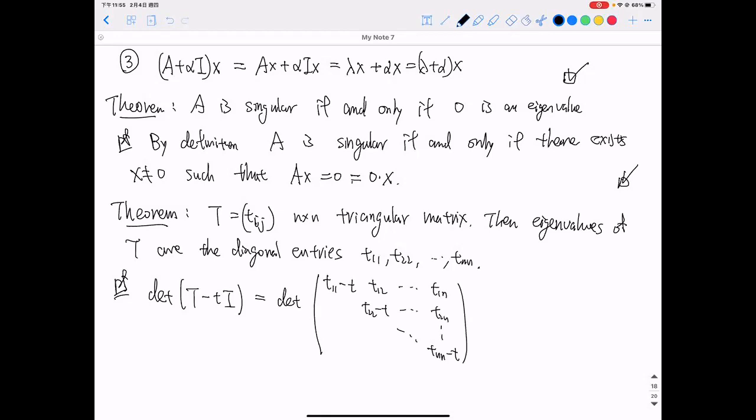Say this is upper triangular. In the lower triangular case, the argument is similar.